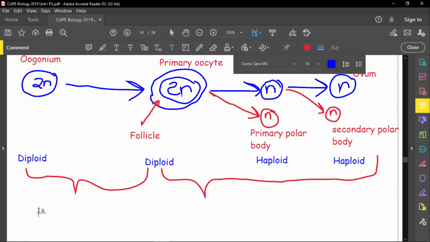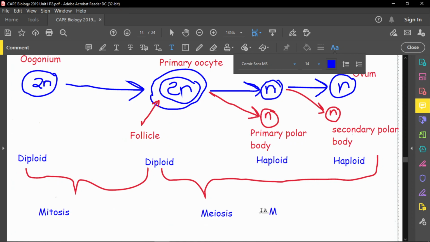So this is mitotic division. So this will be mitosis. And going from the diploid into haploid, we have meiosis. Now, the difference here, and I could make a note under meiosis. So let's call this meiosis 1 to produce a secondary oocyte.